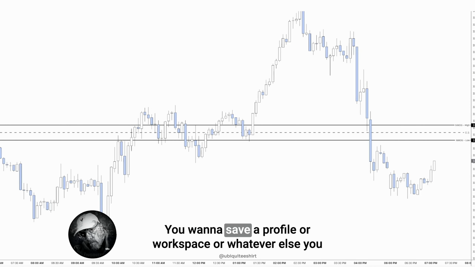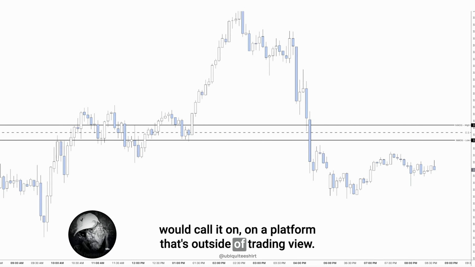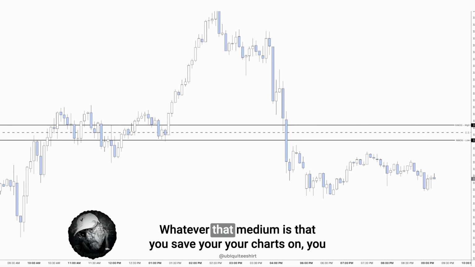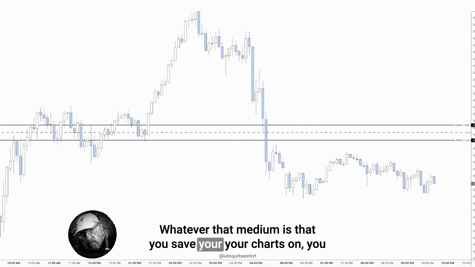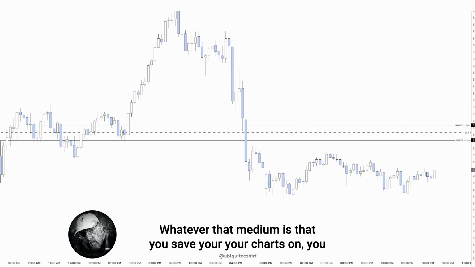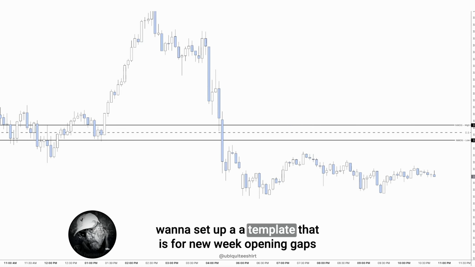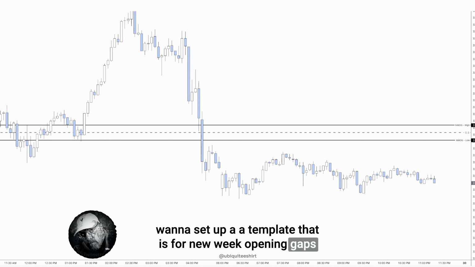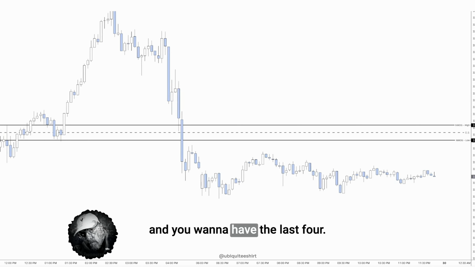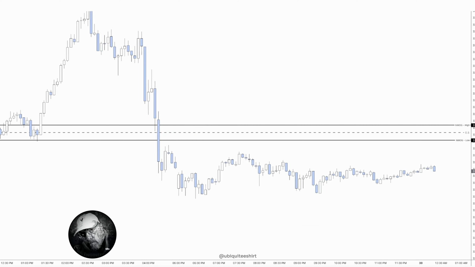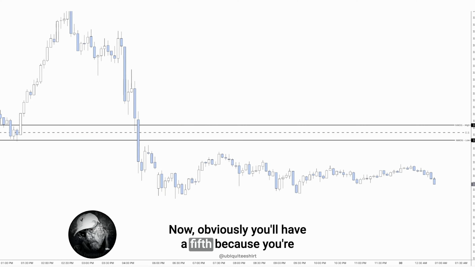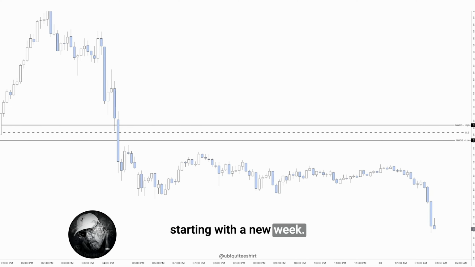You want to save a profile or a workspace, or whatever you would call it, on a platform outside of TradingView. Whatever medium you save your charts on, you want to set up a template for new week opening gaps, and you want to have the last four. Now, obviously, you'll have a fifth because you're starting with a new week.